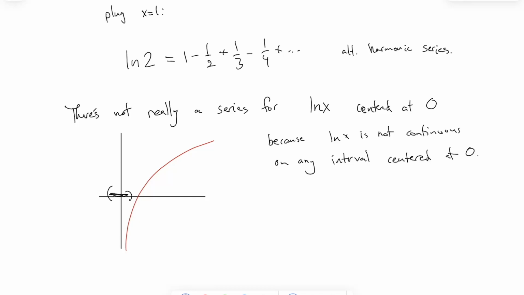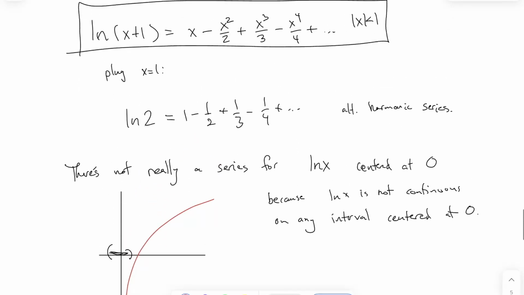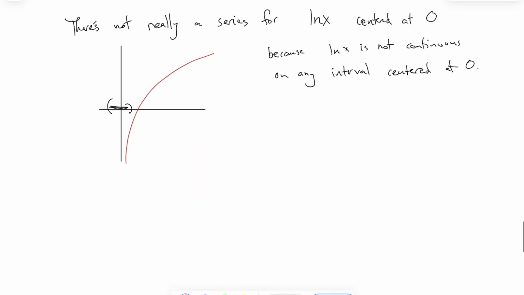ln of x plus 1, though, is different. ln of x plus 1, where the plus 1 is on the inside, means the whole picture is shifted to the left by 1. That's if you recall your graph transformation operations. The graph of ln of x plus 1 looks like this. This is ln of x plus 1.